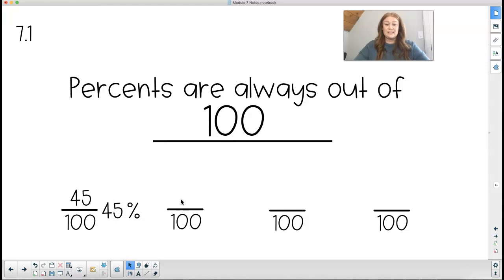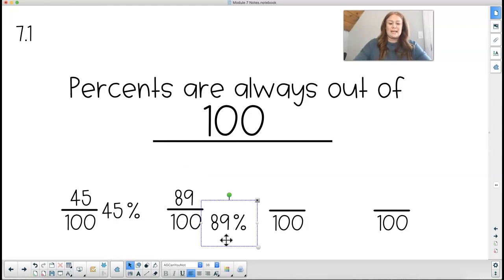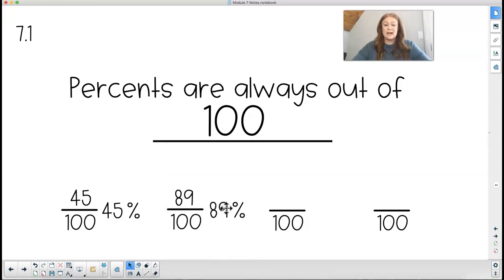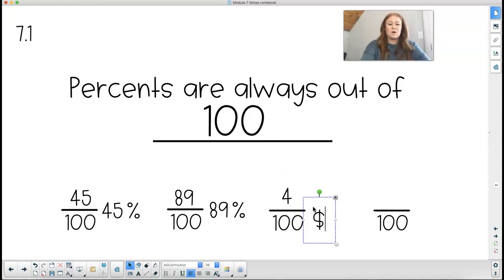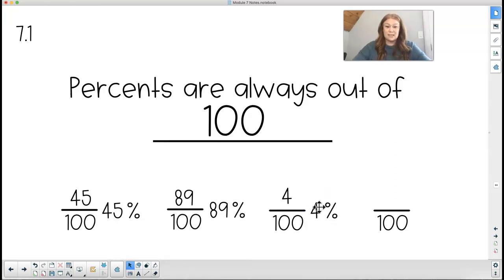If you took a test with 100 questions and you got 89 of those questions correct, you would get 89 out of 100, which means that you would get 89% correct. If I had 100 animals and 4 of those animals were monkeys, that means 4% of my animals are monkeys.